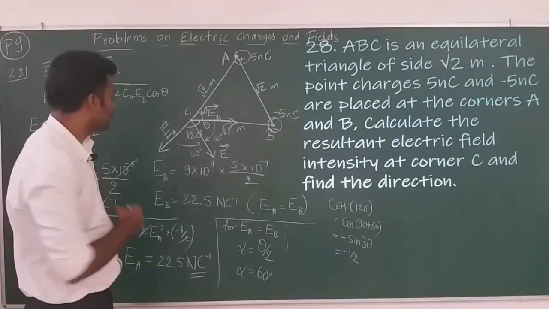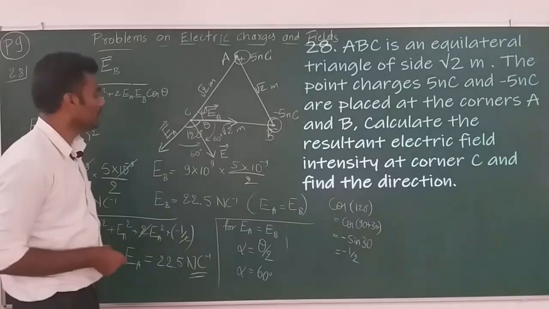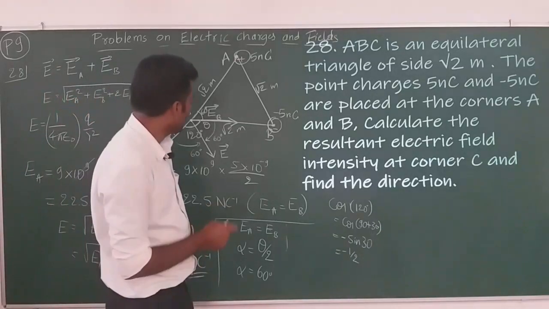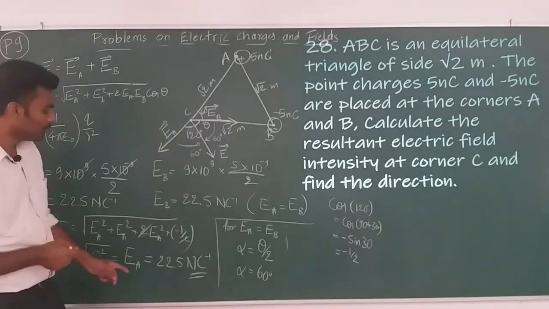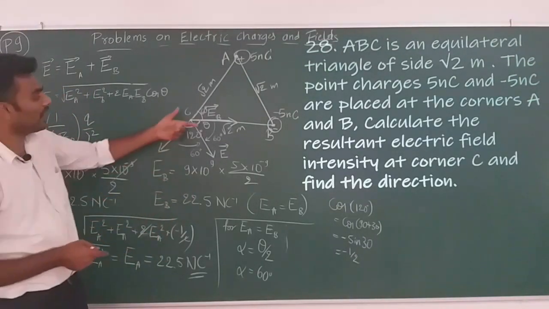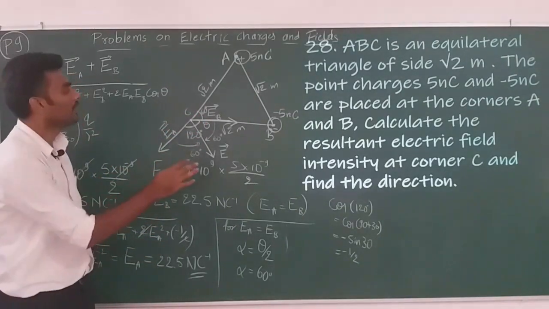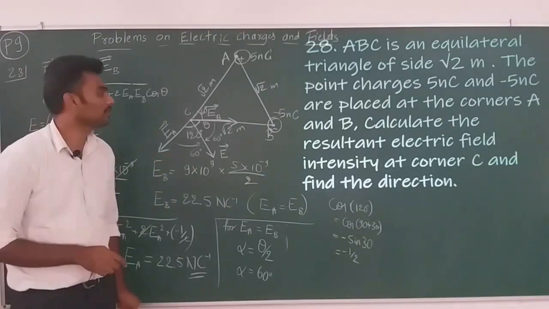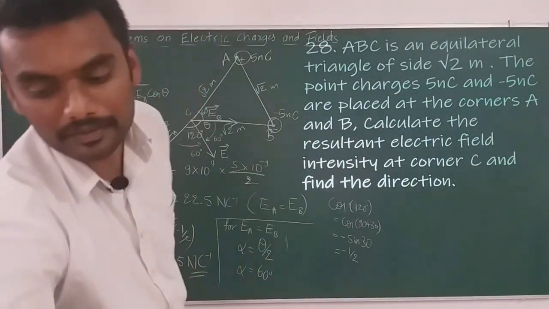So the final answer should be kept in sentence form like, therefore the resultant electric field at C is equal to 22.5 Newton per Coulomb and directed 60 degree away from EB. So this is how you should keep the complete answer. That is about question number 28.